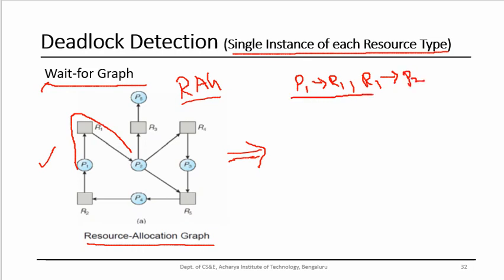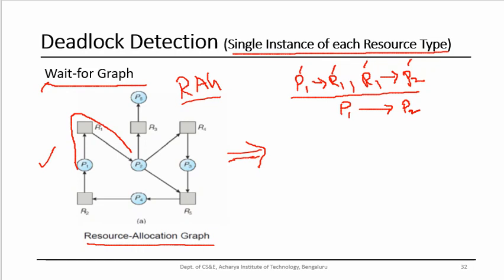So this means what? This means that P1 is requesting resource R1. R1 is being held by P2. If that is the case, you can replace these two edges by one single edge connecting two processes.